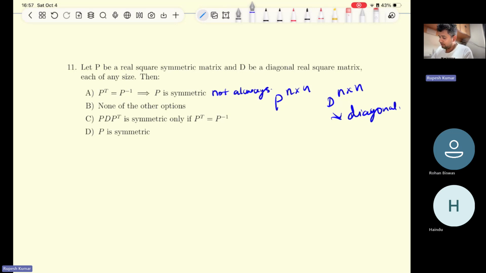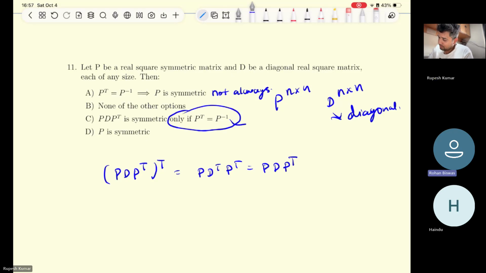P D P transpose is symmetric. Let's see. P D transpose P transpose, which is P D P transpose. This is always true. So let's consider the A part once more. The given condition is P is symmetric.